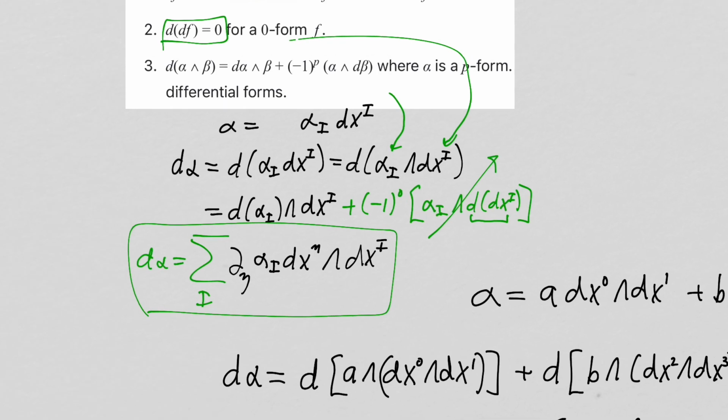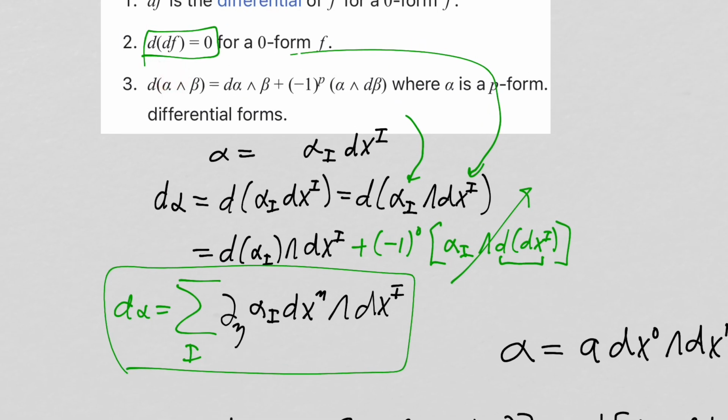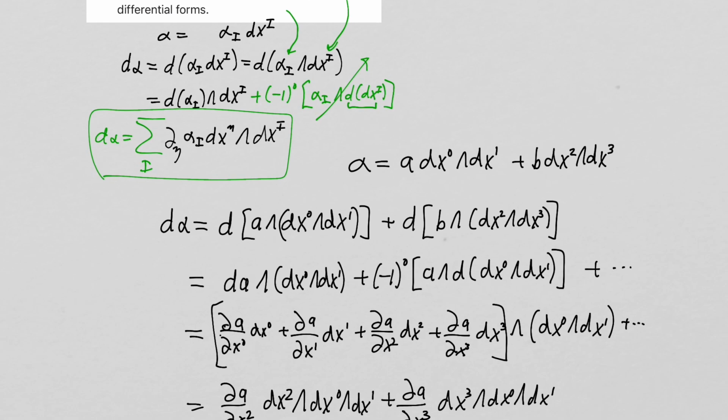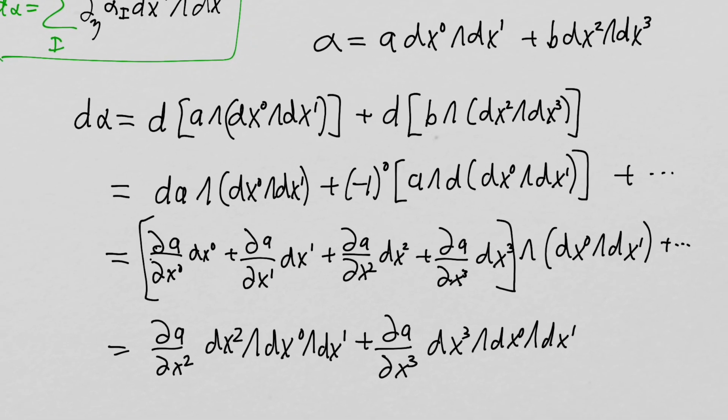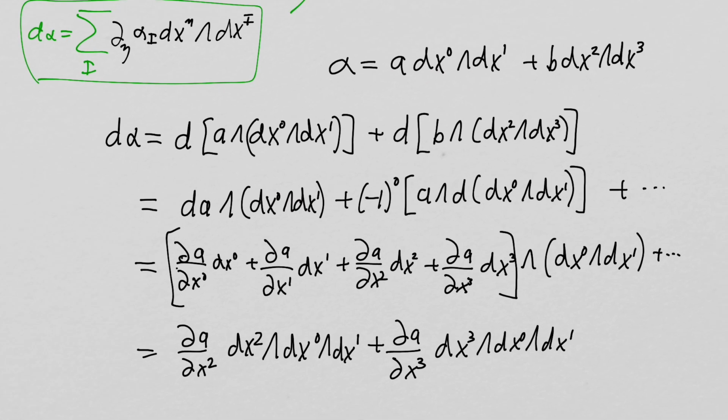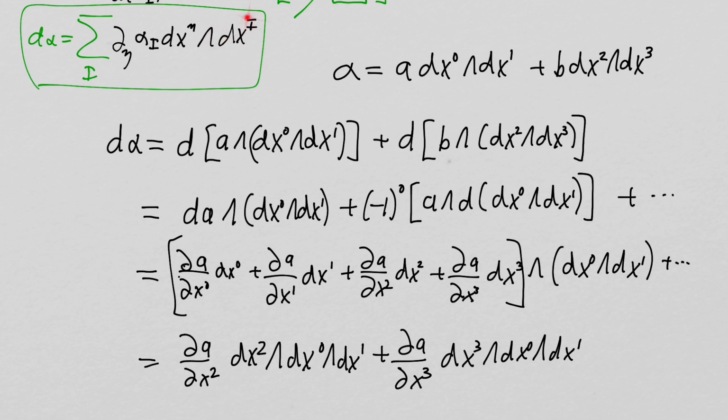Alpha now becomes the 0 form a, and beta becomes the basis vector in the K-form vector space. And so we're going to take the exterior derivative of a and wedge it with dx0 dx1, this basis vector, which is this dx index I. And then we're going to add to it minus 1 to the 0 power because a is a 0 form. Then we're going to take a and wedge it with the exterior derivative of this basis vector.